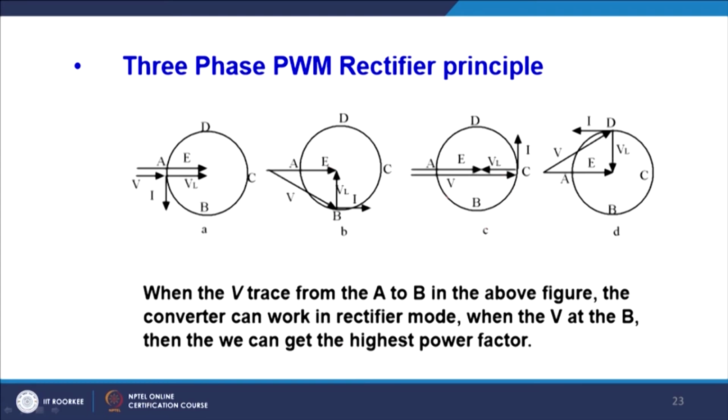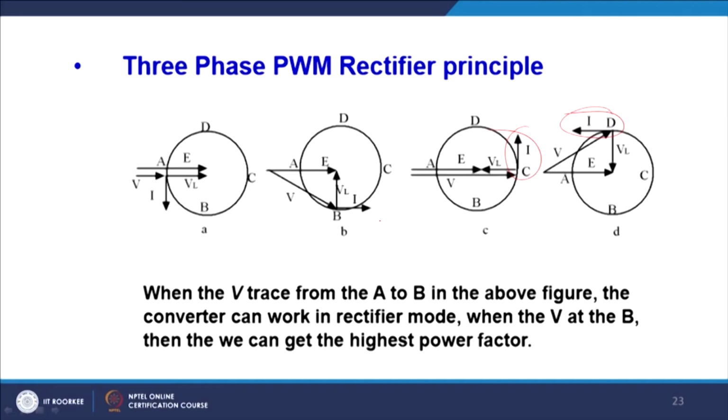In the same way at C, we can give voltage back, and ultimately in this case I is leading, in this case I can be lagging, and you can see that I has a 180 degree phase shift. That means you are sending the power back to the grid.